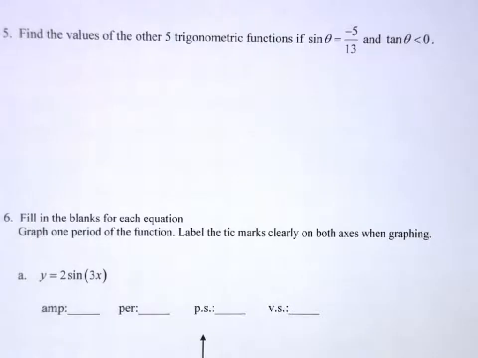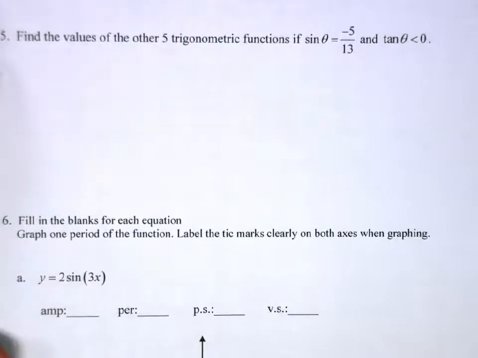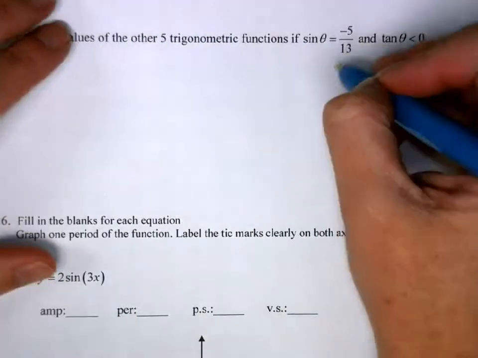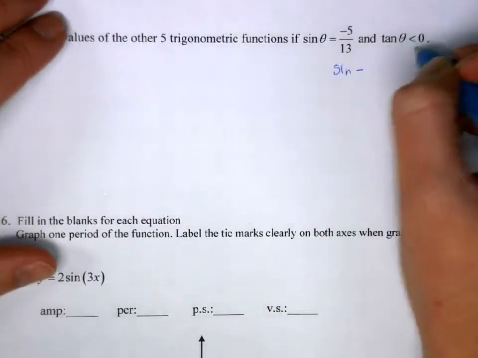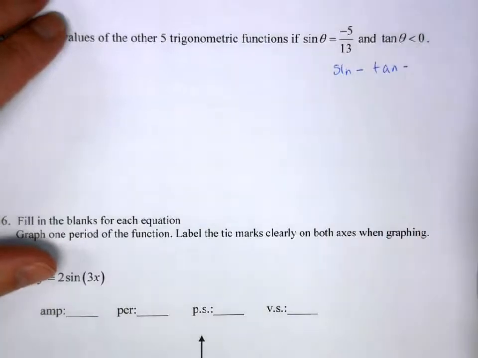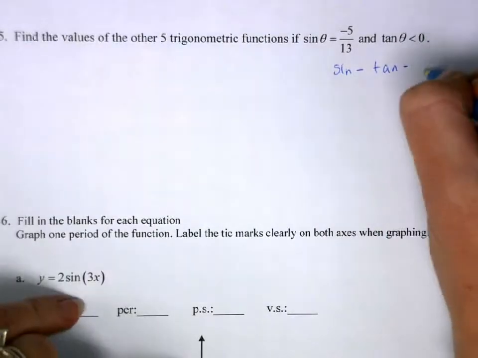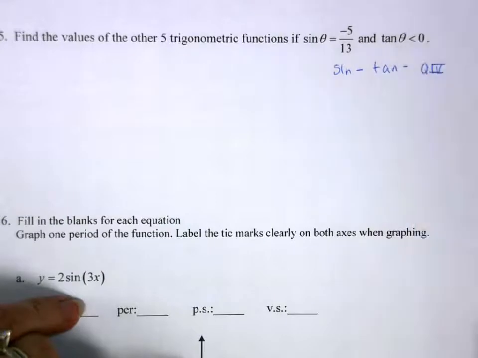Okay, so given sine of theta is negative 5/13 and tangent is less than 0, we're going to find the other trig functions. So sine is negative, tangent is negative, so that's going to happen in the fourth quadrant. So that means cosine is positive.